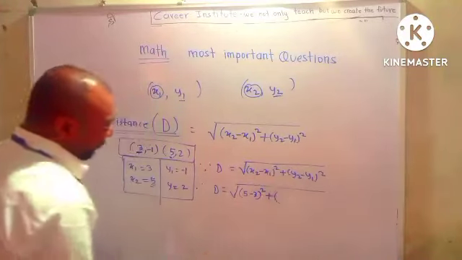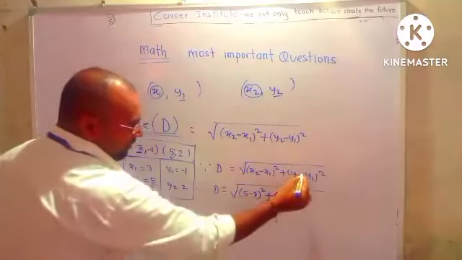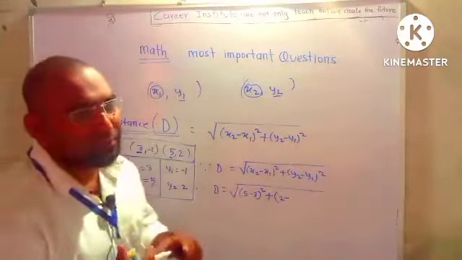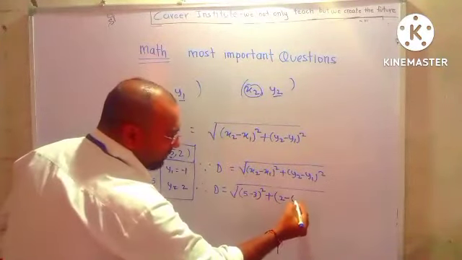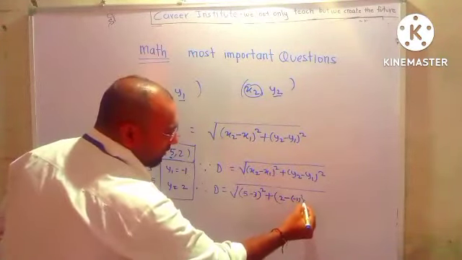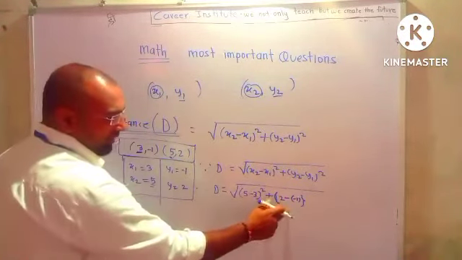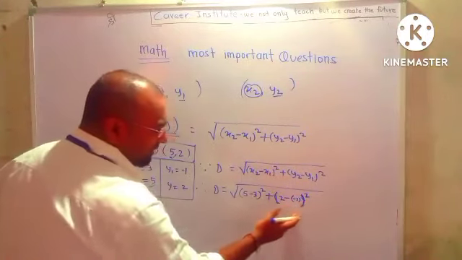Plus y2, which is 2, minus y1, which is minus 1. When something is negative, it goes inside a bracket: 2 minus (minus 1), then square. Is there any confusion? No, sir.